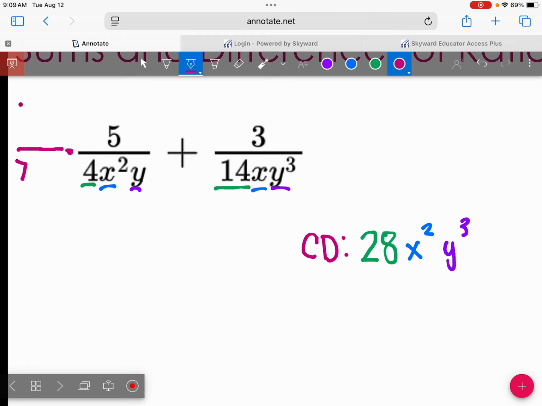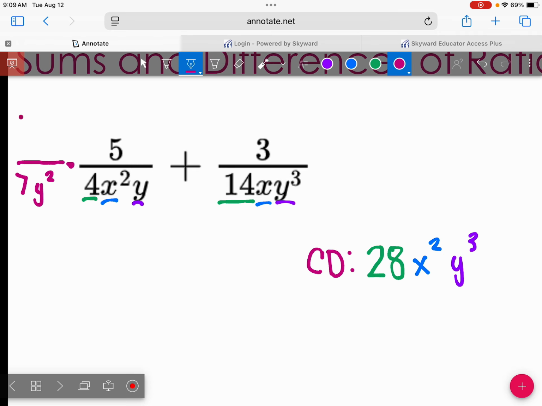X squared. Do I need to do anything to my x squared to make it be an x squared? No. How about for my y? How do I get it to be a y cubed? y squared. So I need to multiply my denominator by 7y squared, but I can't just multiply my denominator. However, I can multiply by a weird looking 1.